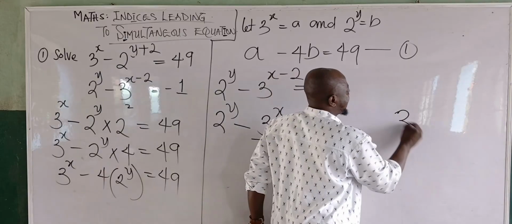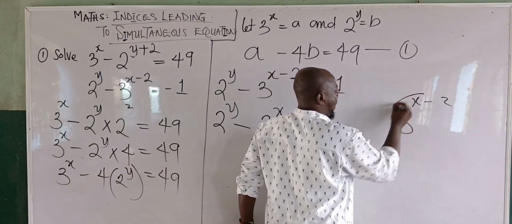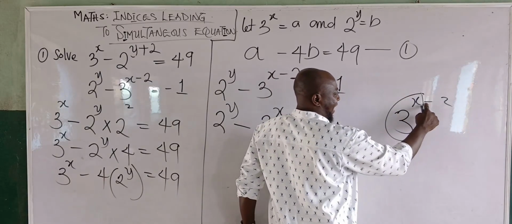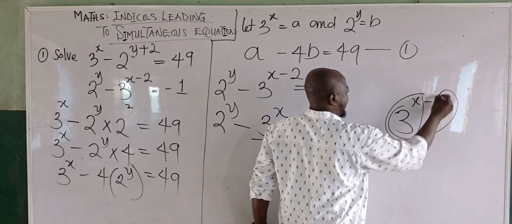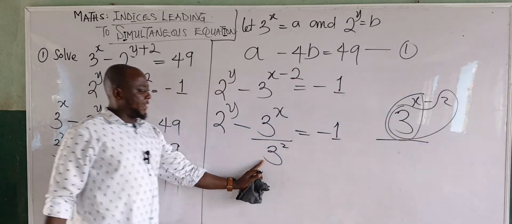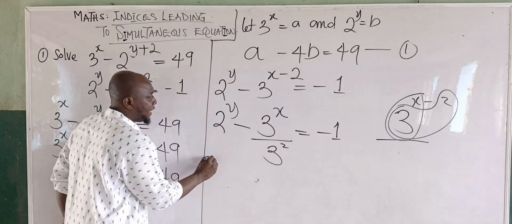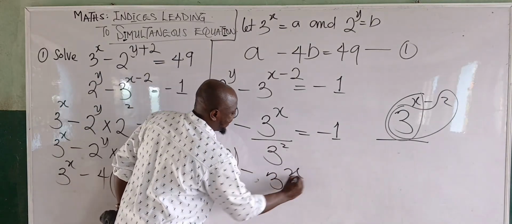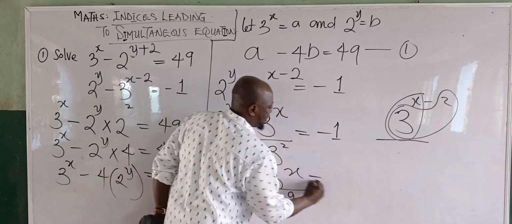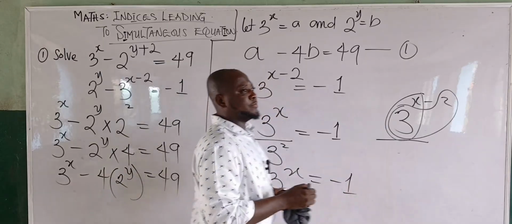So remember, please, I said this one first, divide. This one, minus, returns to divide, so divided by this one next. So this is what we have here. At this point, I will now have that 2^y minus 3^x over 9 will give us minus 1.